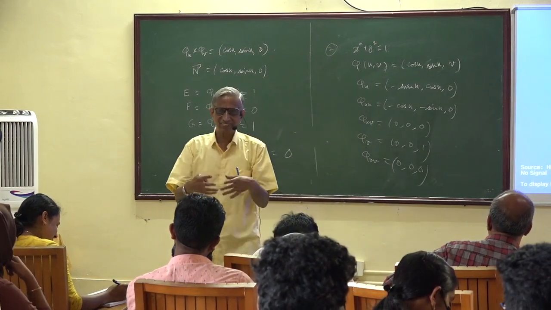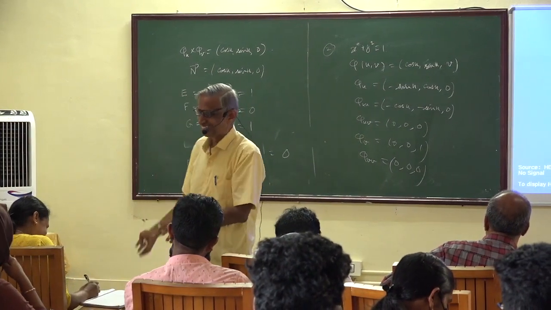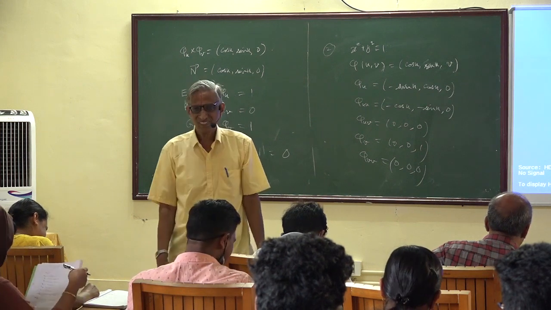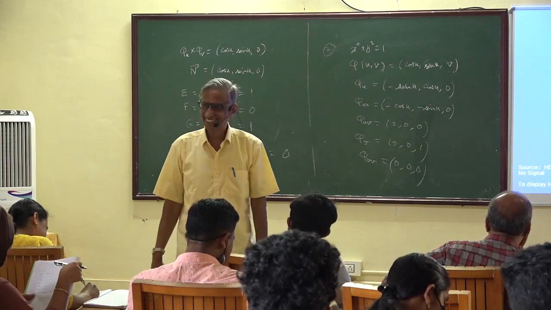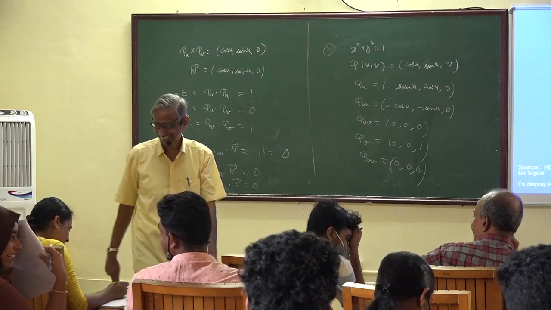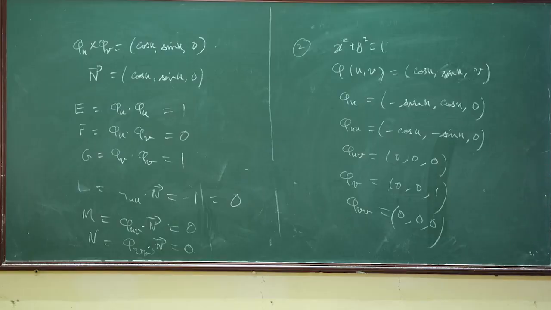E was some vector, F was some vector, G was some vector. We said 0 by 0 and all that. So the sphere, that made all the mess, I suppose. Okay, so now this is fine.